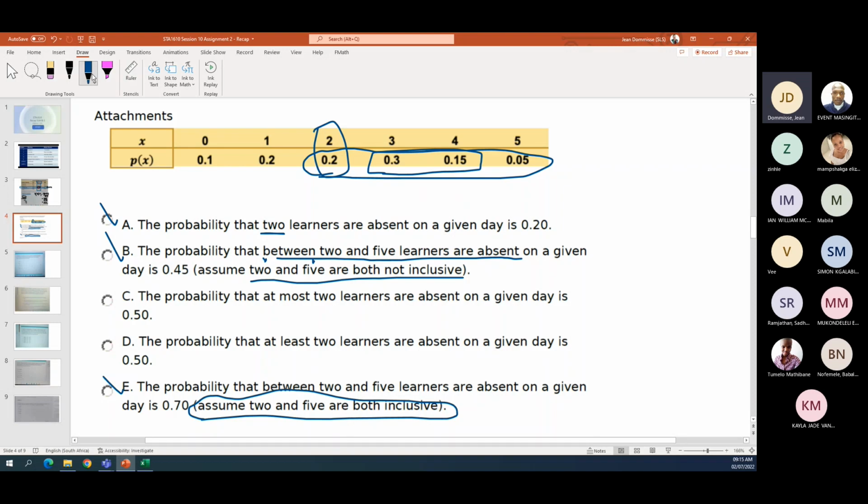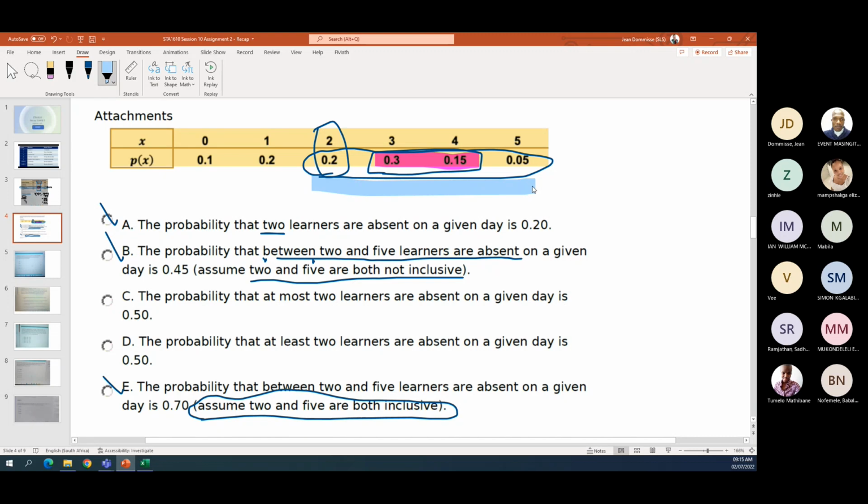So just that difference between when it's exclusive and when it is inclusive, it is very, very, very easy to make that mistake. And again, here they could have written it as the probability of x, where x is smaller than 5, bigger than 2.